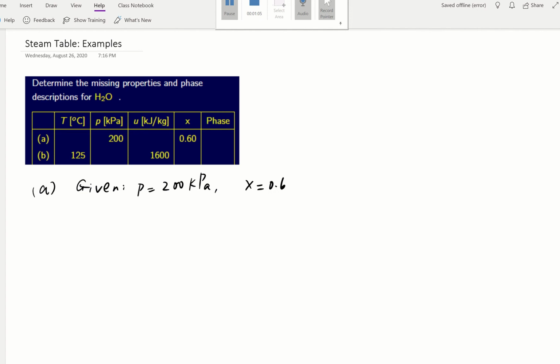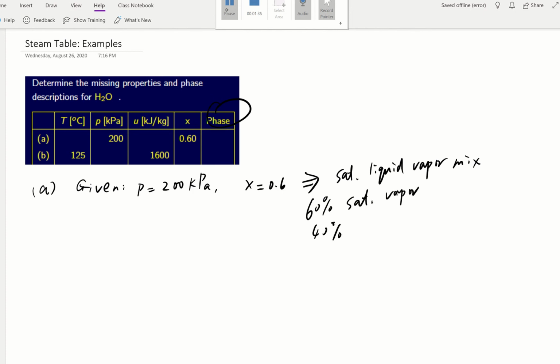Whenever we are given the quality X, which we know is between 0 and 1, we know immediately this is a saturated liquid vapor mix. Okay, so we answered the phase. And 0.6 means 60% is saturated vapor, while 40% is going to be saturated liquid.